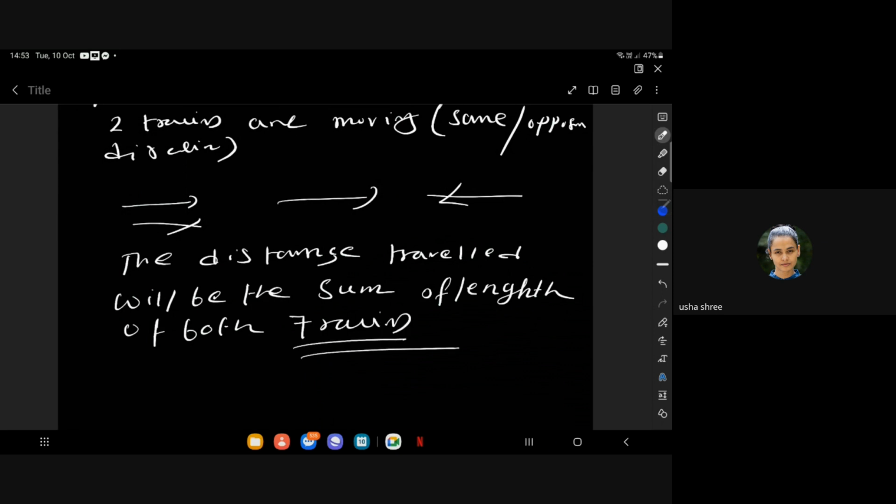Whether two trains are moving in the same direction or the opposite direction, the train will cover a distance equal to its length, plus a distance equal to the length of the second train, or it may be a platform also. This is the sum of the length of this train and the other train, or this train and the platform.